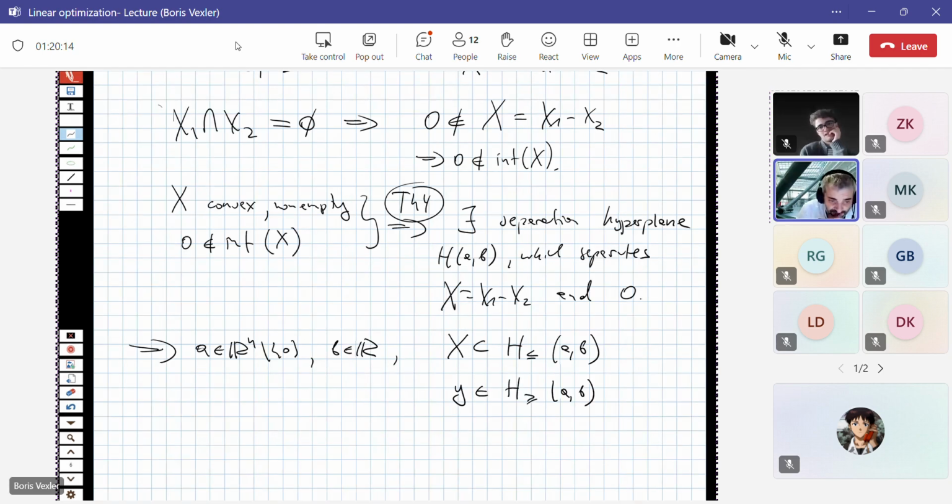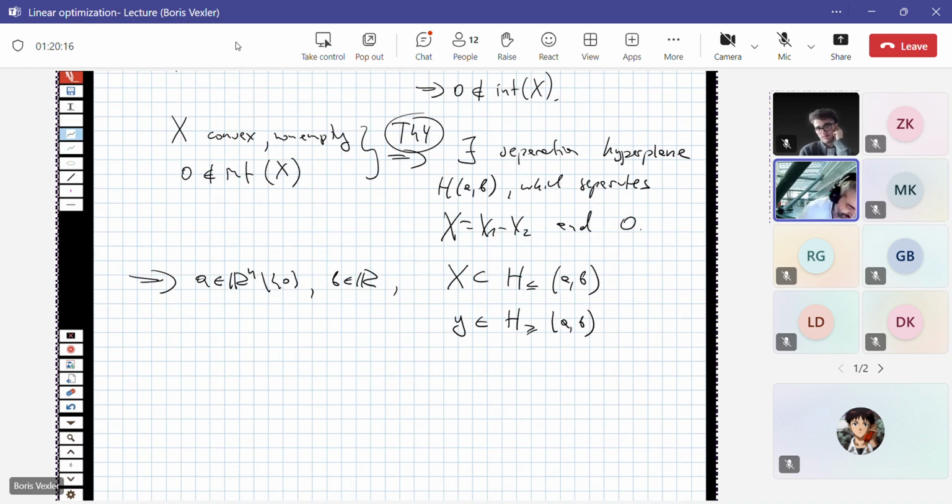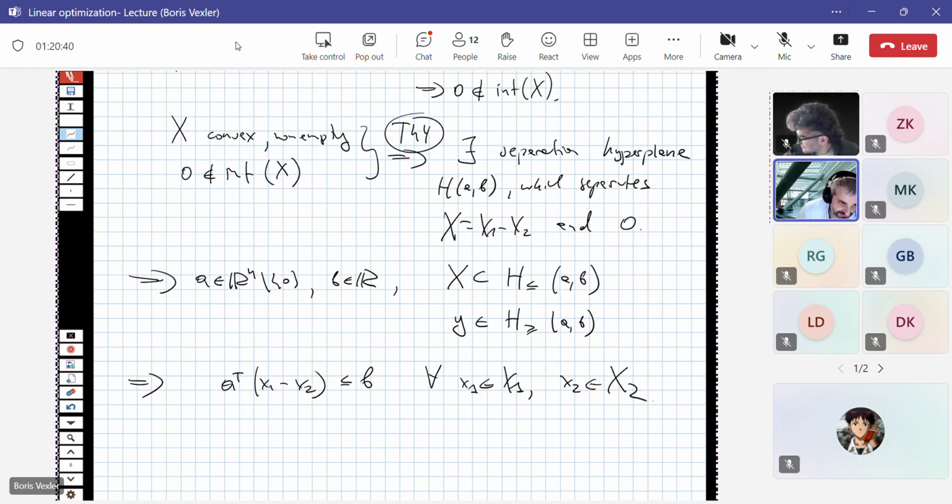Okay, this means the separation, or more precisely, it means that A transposed times an element from capital X, and every element from capital X is some x1 minus x2, is less or equal than B for all x1 in X1 and x2 in X2, and at the same time A transposed 0, okay, not Y, it's just 0.